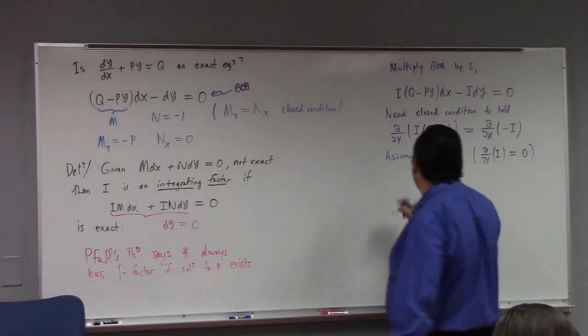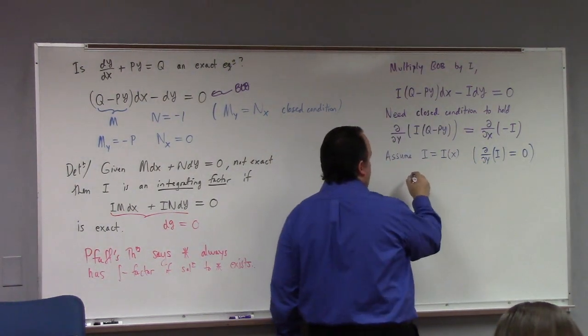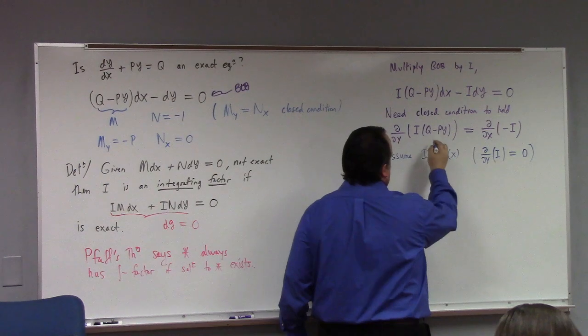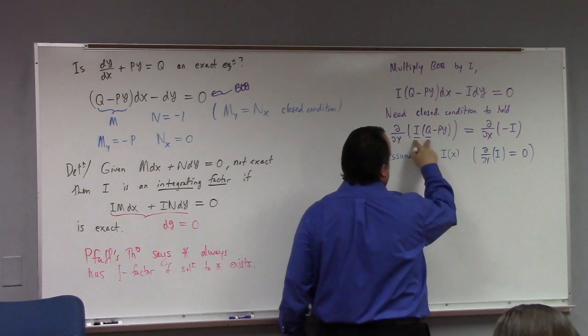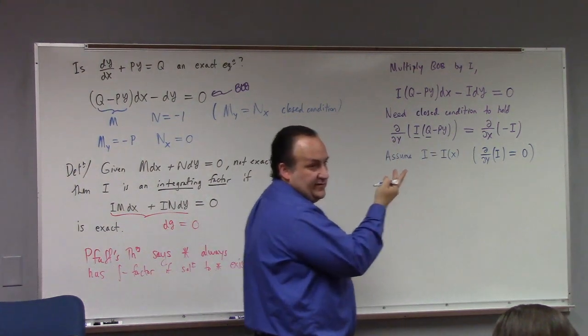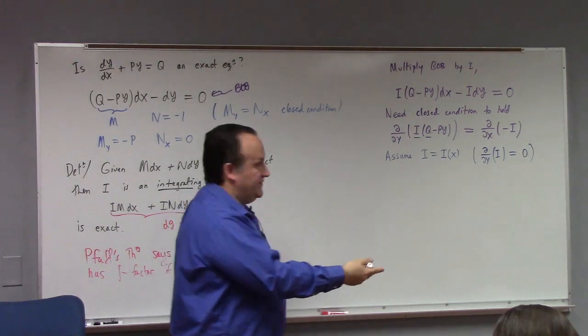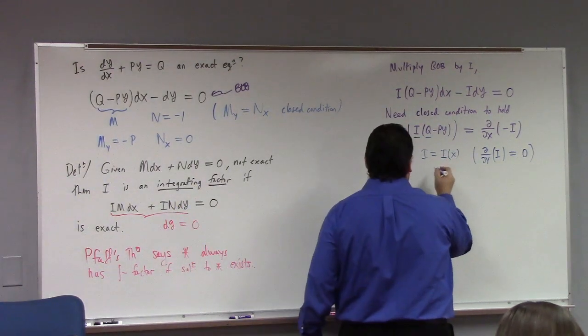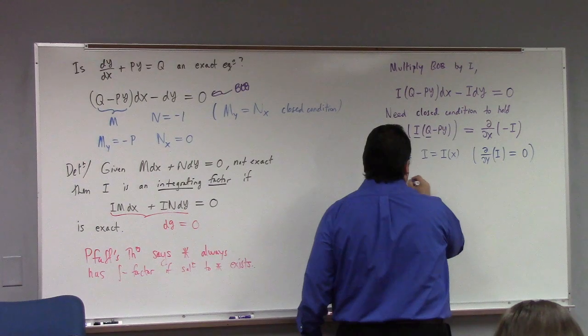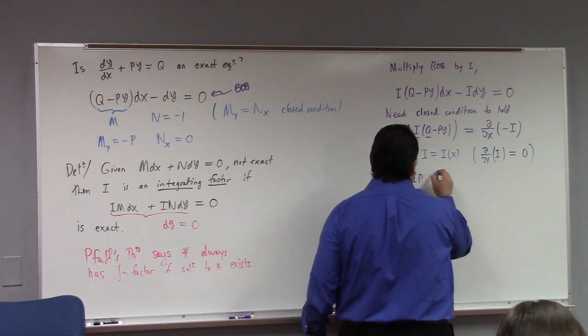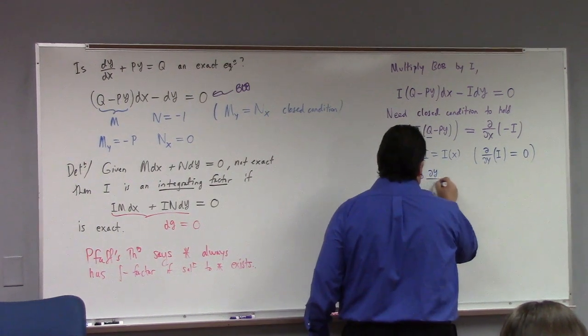Okay, so do this derivative up here. What do we got? Well, I times Q, those are both functions of x, right? So that piece drops out. That's just 0. And we have minus I p, partial y, partial x.